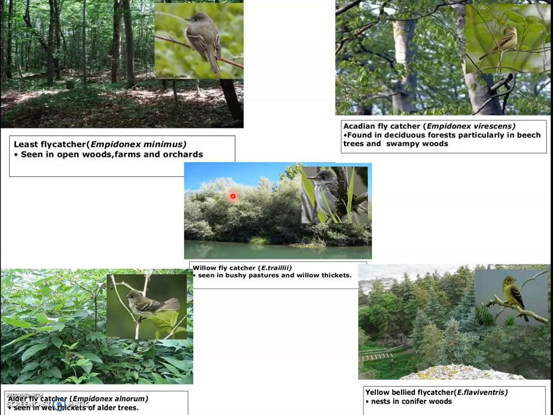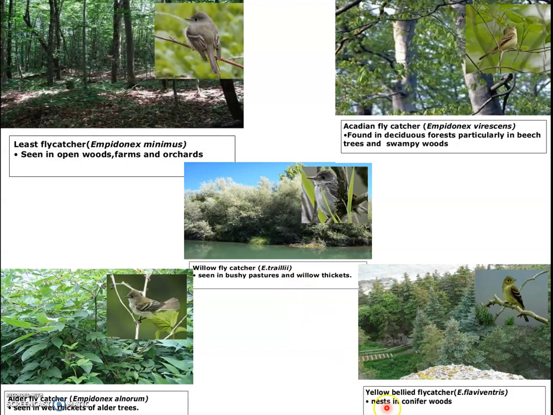Another example is the flycatcher. There are 5 different types, and each of them prefers some type of habitat. Some of the flycatchers prefer the open woods. Some prefer the deciduous forest, swampy woods. Some like bushy pastures.